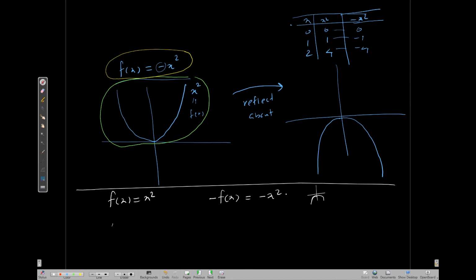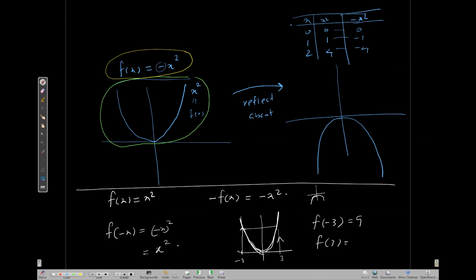Now f of minus x: you replace x by minus x and you still get the same thing. That happens because x squared is an even function, symmetric about the y-axis. For example, f of -3 is 9, and f of +3 is also 9. These are little tricky places that I need to address.